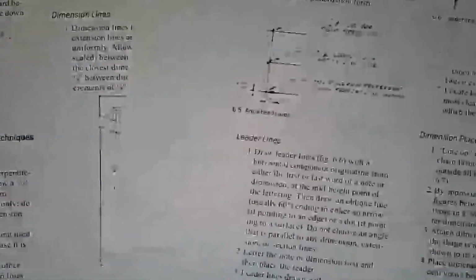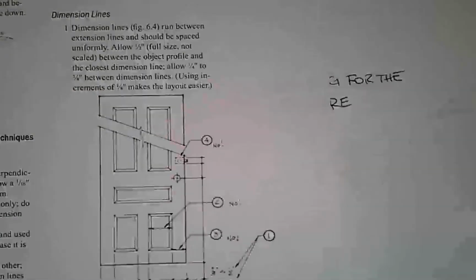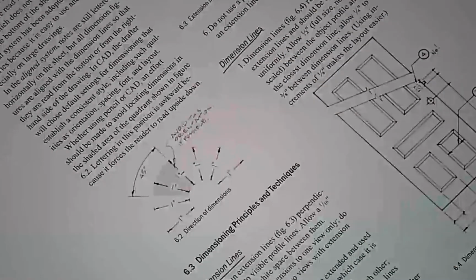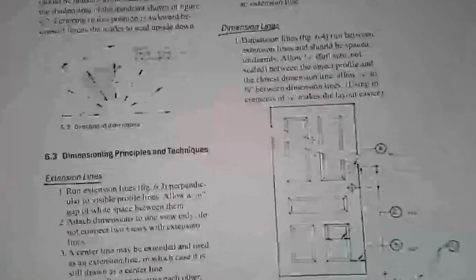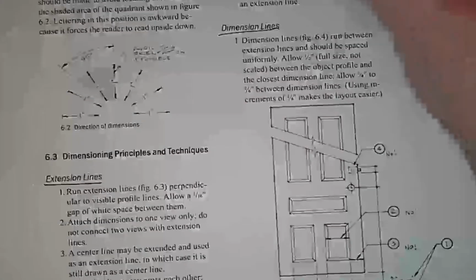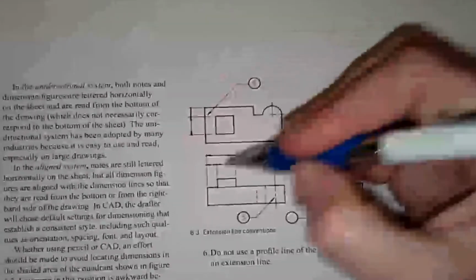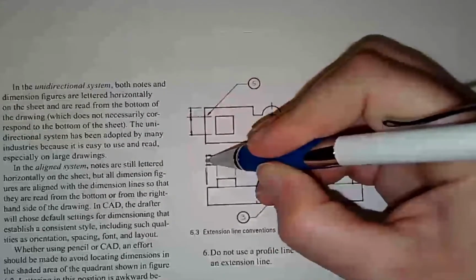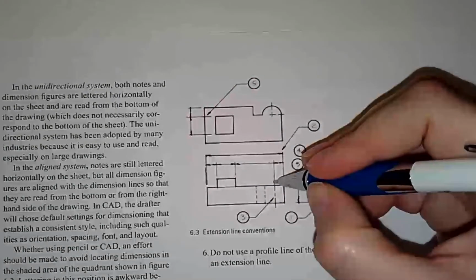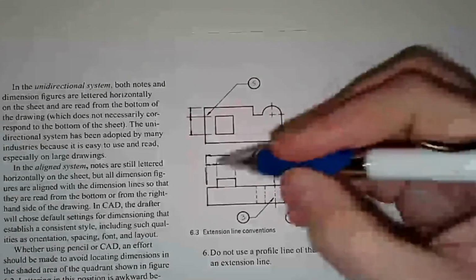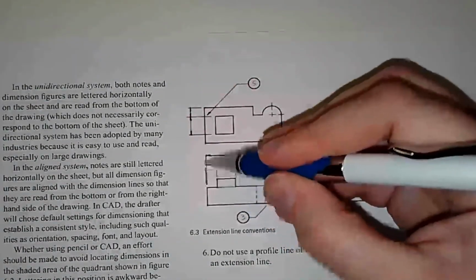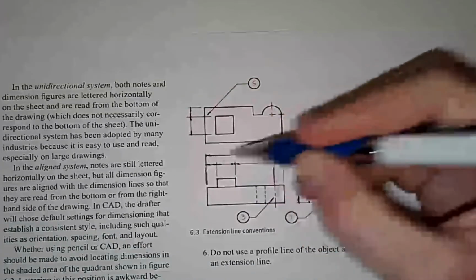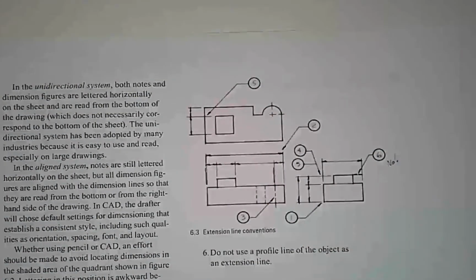So I think that the first 2 components to think about are extension lines and then dimension lines. Your extension lines are the lines that point at whatever part of the object we're trying to draw. So this right here is an extension line, because it's extending the line out to the point where the dimension will intersect with it.